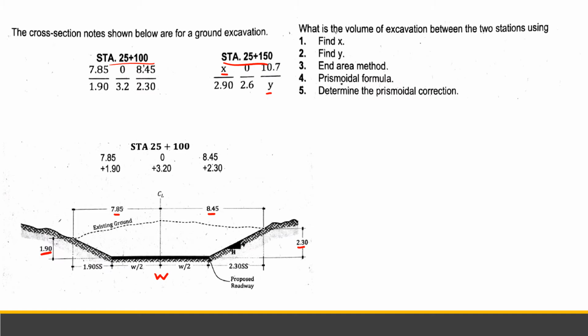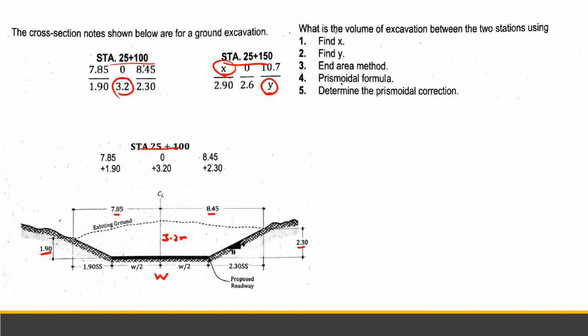So the first problem, find X, find Y. So this is X, this is Y. So at station 25 plus 100, the vertical distance at this intersection is 3.2 meters. So find the volume using the end area method and the prismoidal formula, and determine the prismoidal correction.